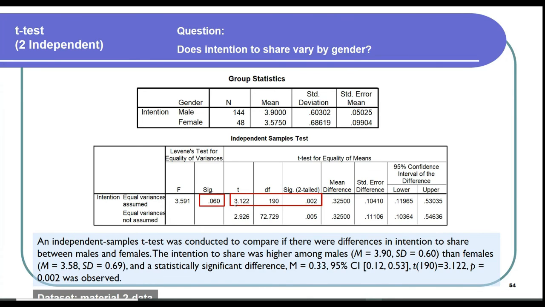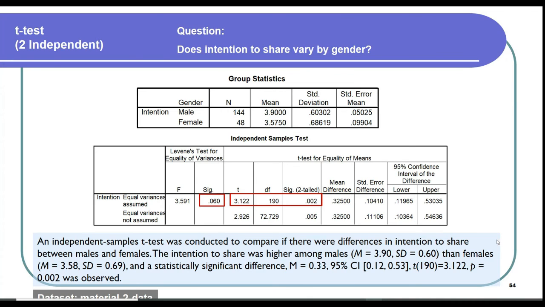And our t-value is 3.122. So this is how you can report. An independent sample t-test was conducted to compare if there were differences in intention to share between males and females. The intention to share was higher among males, you see here, because the mean value for male is 3.9 and for female is 3.5.